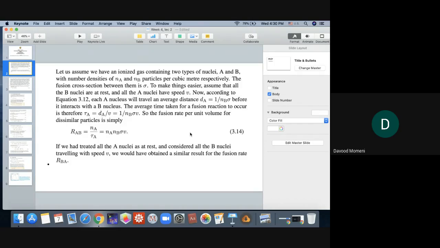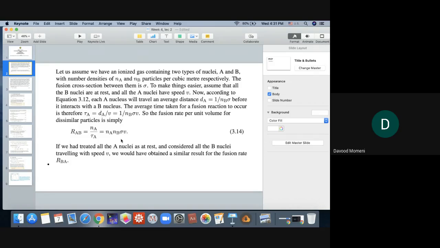This is the average time for one fusion reaction to happen. Then if you want to calculate the fusion rate, it is just the ratio between the number density of the moving nuclei over the time which passed for nucleus A to undergo one nuclear reaction. So n_A over tau_A, which you calculated, just substitute here and you will get equation 3.40.